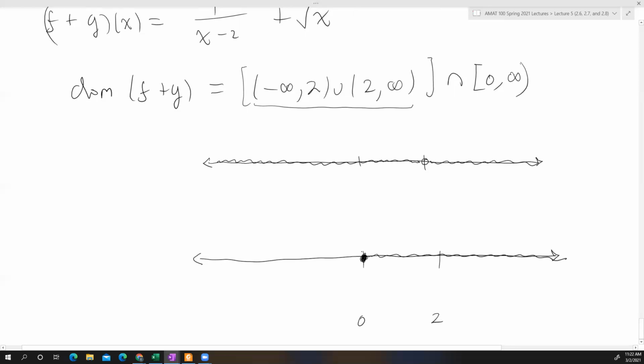So the intersection, we can mesh these up, is going to be this region and this region. But we have to exclude 2 from the set, because although 2 is in this set, it's not in this set.